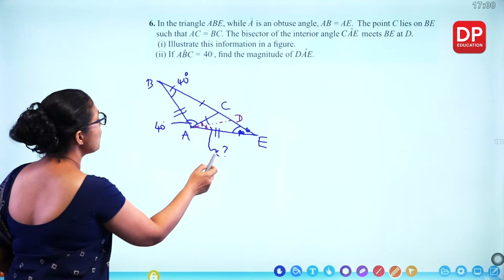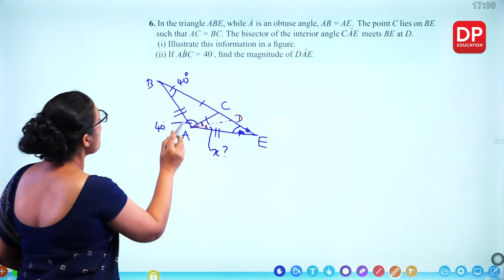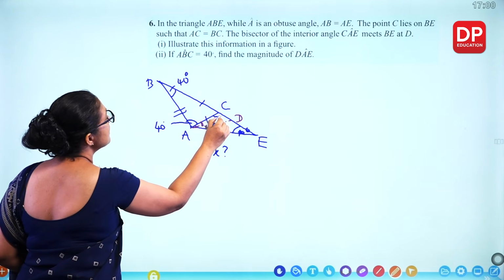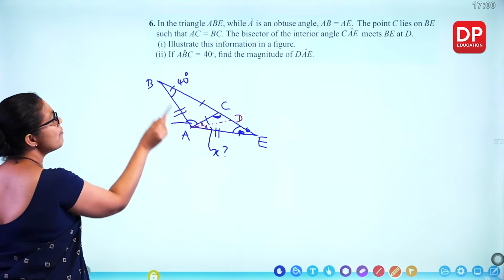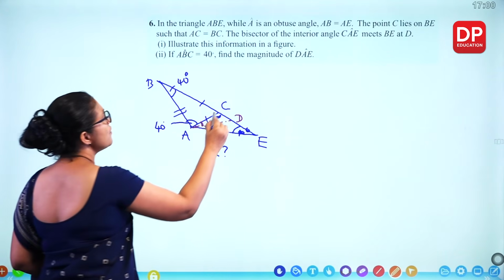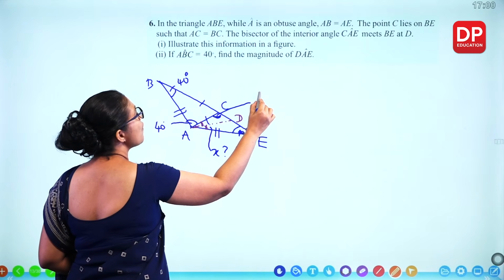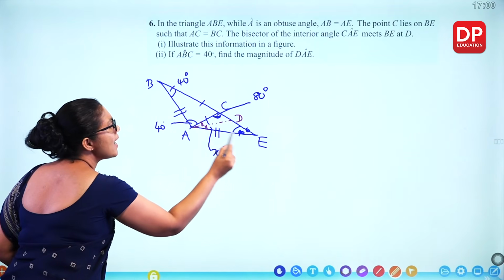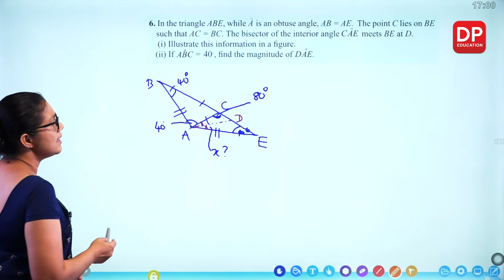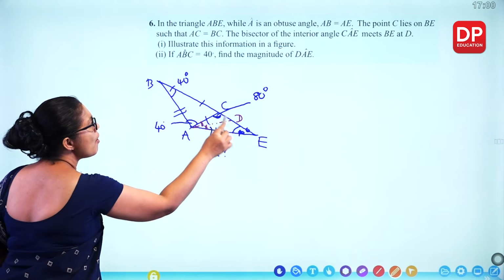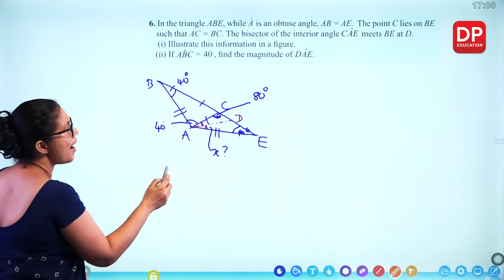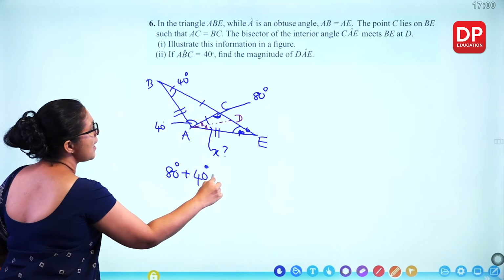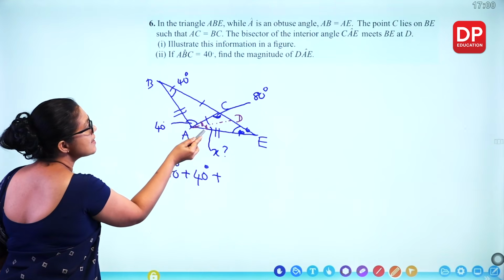So now look carefully. We know this is 40, this is 40. So what is this angle? This angle is the sum of opposite interior angles. So this becomes 40 plus 40, that becomes 80. Now we can consider the smaller triangle. The sum of these three angles adds up to 180. So we can write 80 plus 40 plus, we'll take the whole thing as 2x.